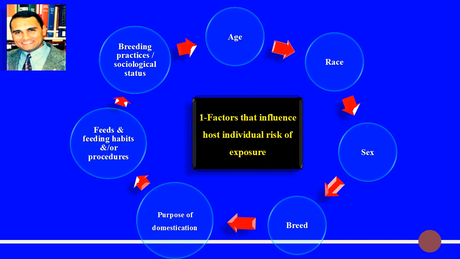Purpose of domestication, such as breeding for fattening or breeding for taking a new generation of certain breeds, gives different stages, names, and pathogenesis, meaning different diseases.